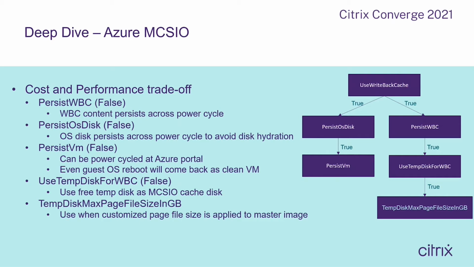If you persist the OS disk across power cycles, then you will avoid the disk hydration. Disk hydration is a term that we use to refer to cloning the disk, right? Every time for a non-persistent VM, the normal behavior is that when you shut down the VM, we delete the OS disk, and when you boot up the VM, we recreate the VM and recreate the disk by cloning from the master snapshot that we published.